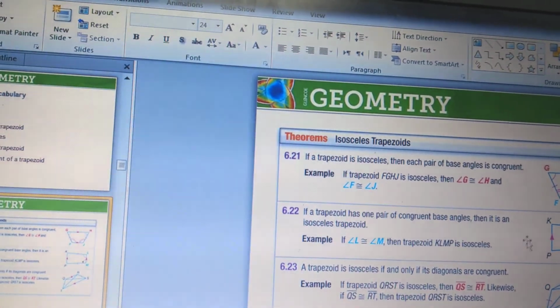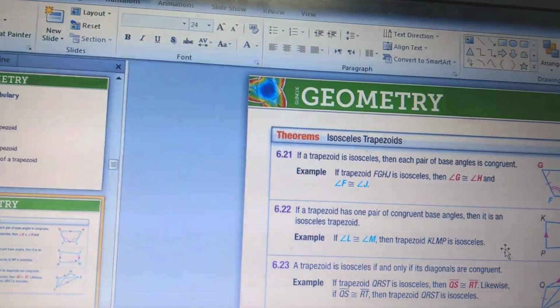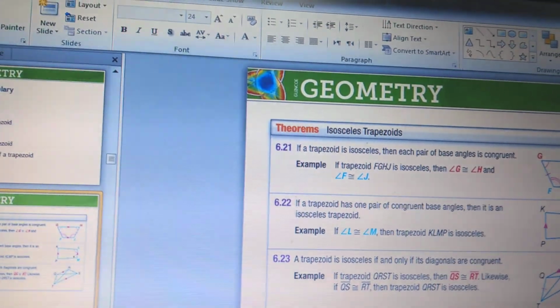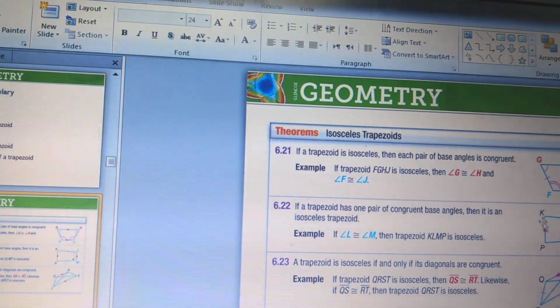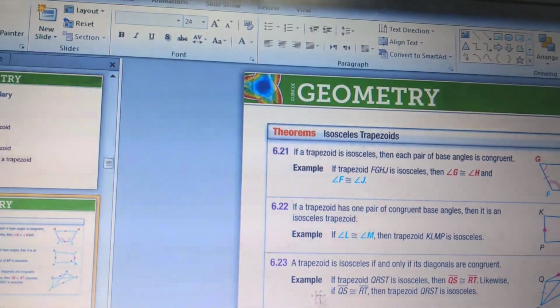If he gives me this figure and asks me to prove that this is an isosceles trapezoid, if you can prove that angle L is congruent to angle M or angle K is congruent to angle P, then this is an isosceles trapezoid.